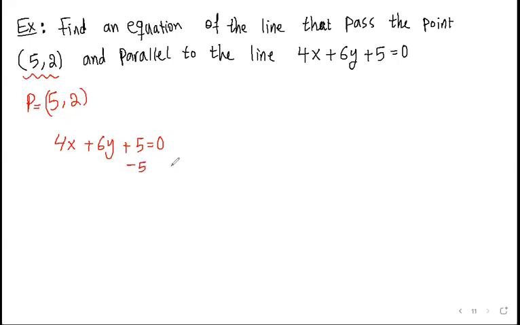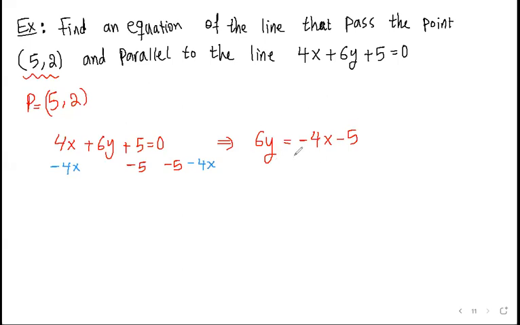We subtract 5 from both sides, and we subtract the 4x from both sides. Then we divide by 6. So now I get 6y equals -5 - 4x, or -4x - 5.